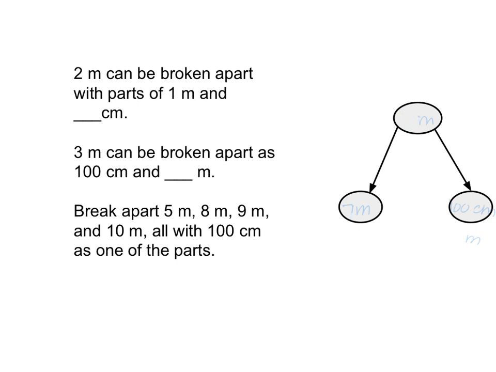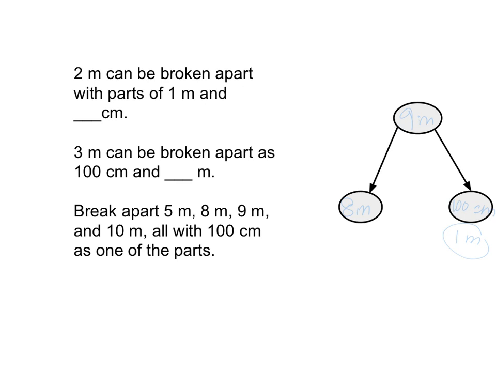So as you can see over there, we've got all those different options. Let's go with 9 meters. Same thing. One of those meters, let's break into 100 centimeters, and we will still have 8 meters left to work with.